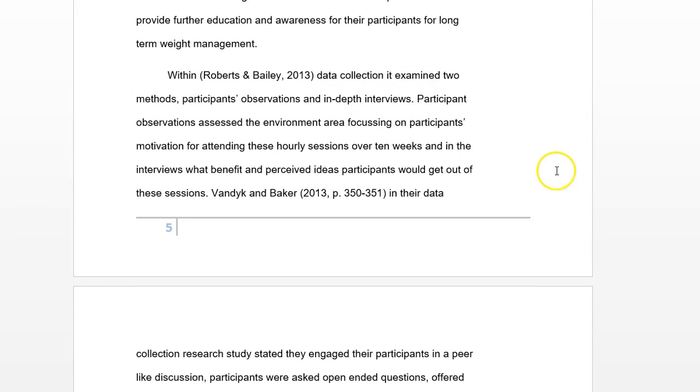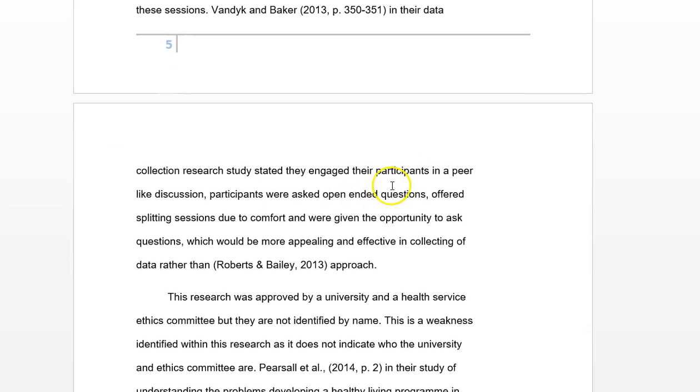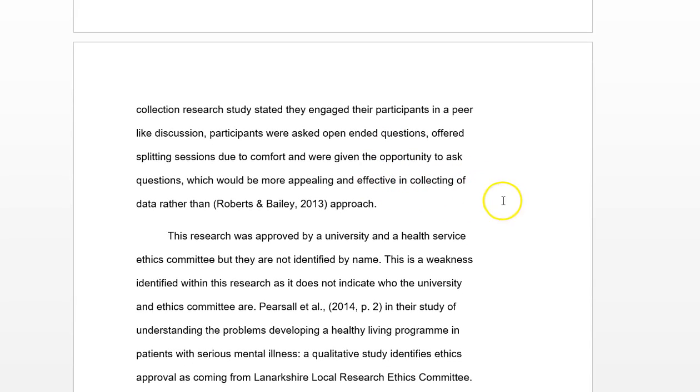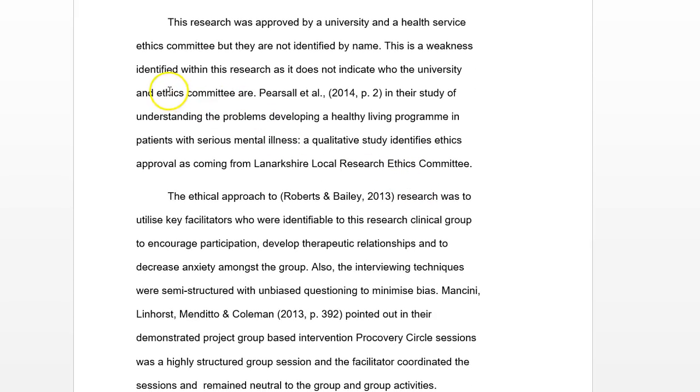They then go on and talk about data collection and how they've done that. They are not talking about whether it would be appropriate for ethnography. That's what they needed to do. Here they talk about ethics, and they've made a nice statement here that the article doesn't say where the ethics committee is.